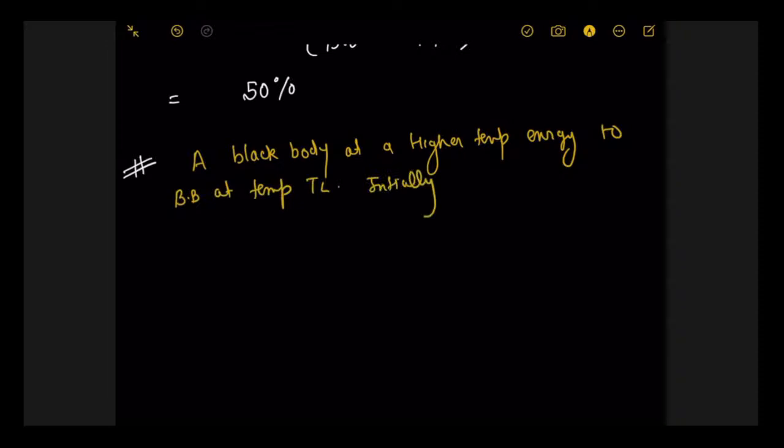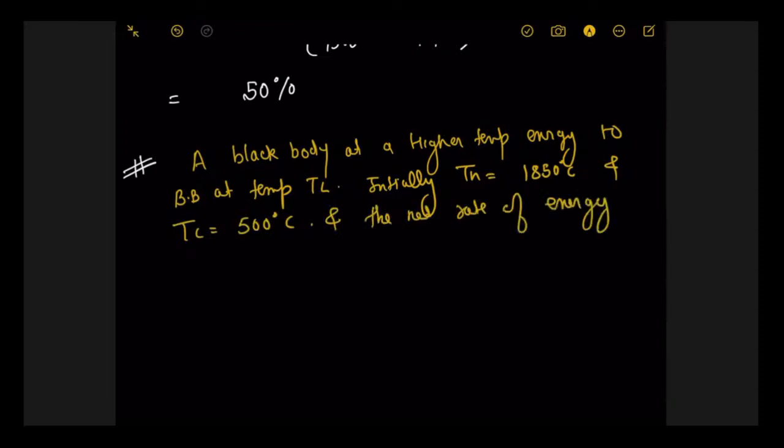Initially, TH equals 1850 degrees centigrade and TL equals 500 degrees centigrade, and the net rate of energy transfer is 25 watt.